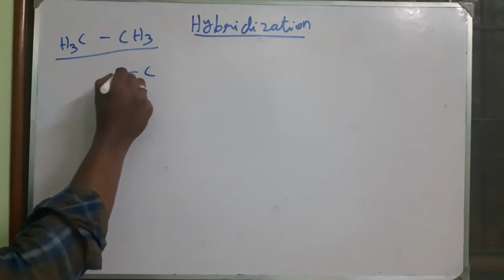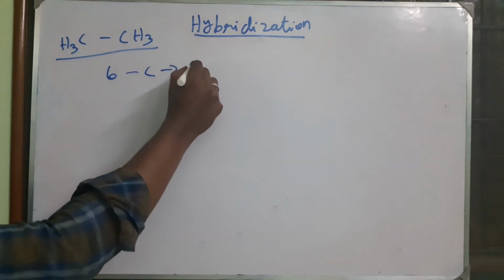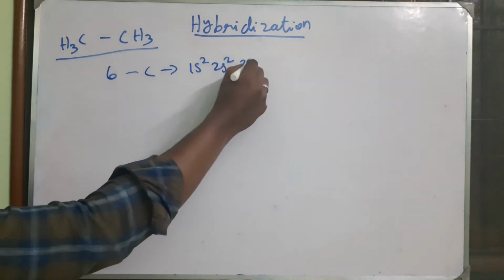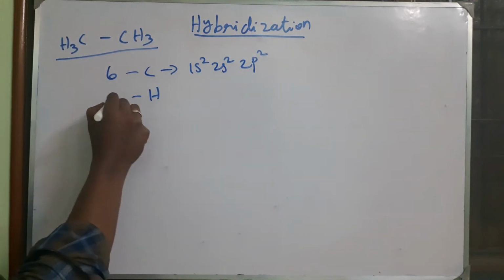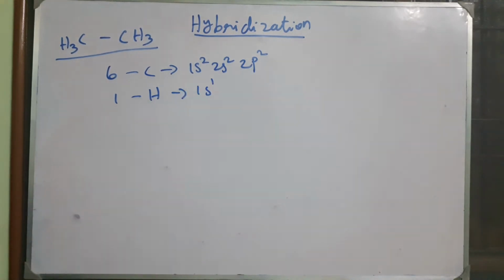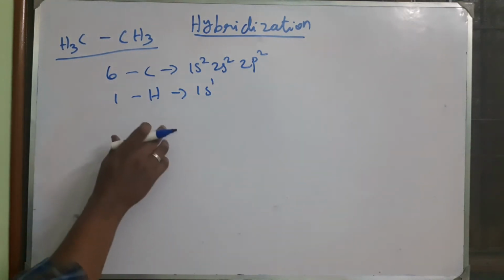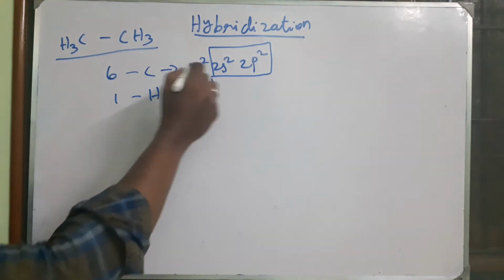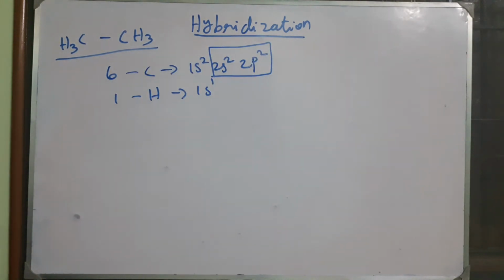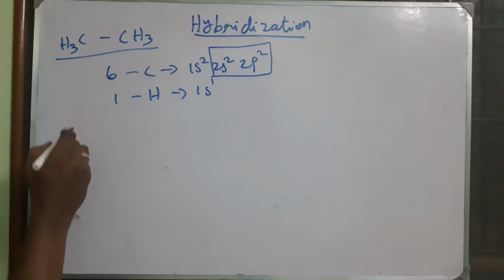Carbon 6, 2p2, hydrogen 1, 1s1. Now we have to write the outermost shell electrons for the carbon atoms. I will directly write the excited state electronic configurations.